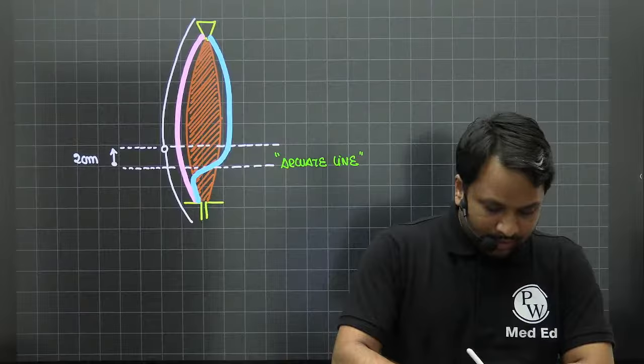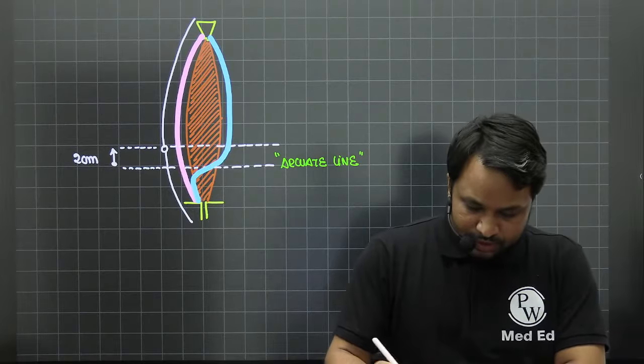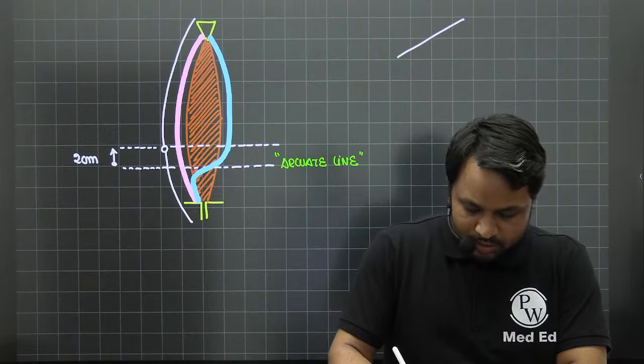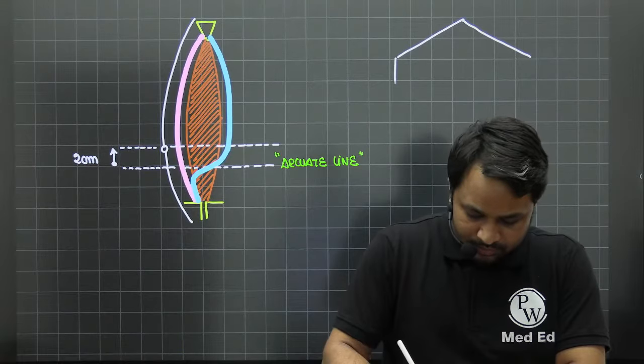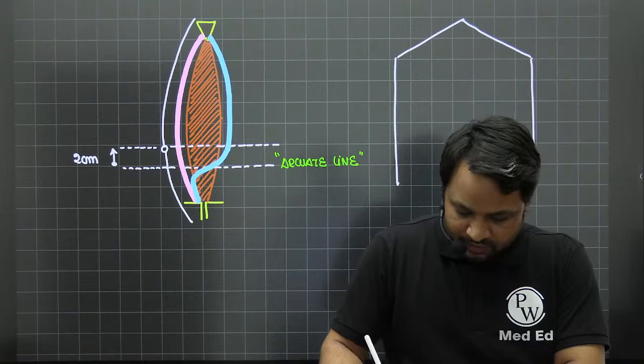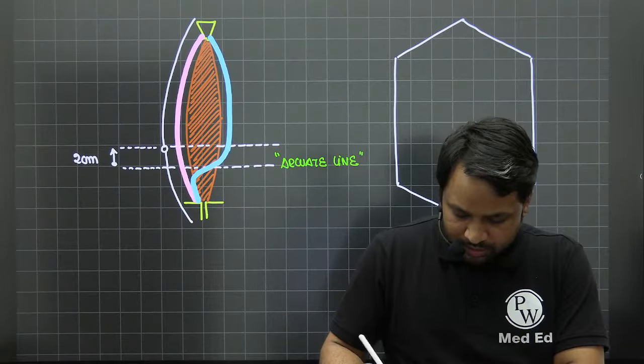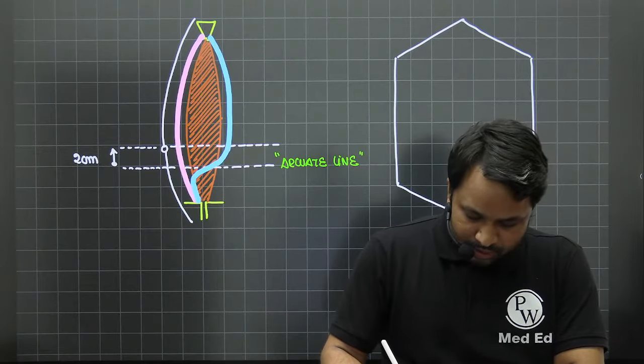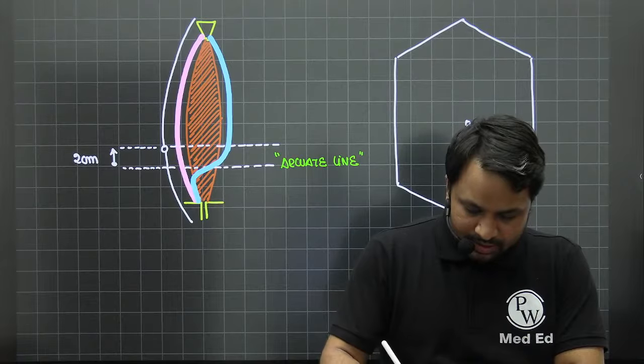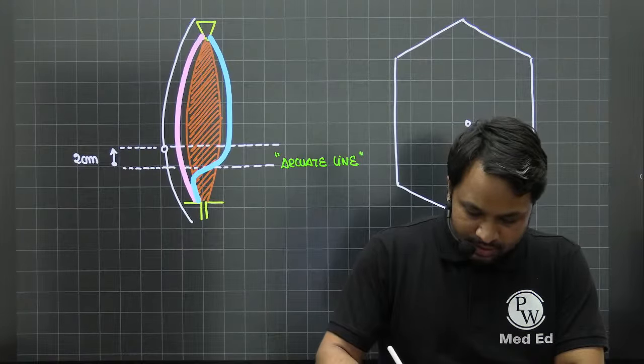Now, when you look at the representation, again, let's say this is the abdomen which we are going to represent. Every time we draw the abdomen, we'll draw it in this particular manner, right? Now, let's say this is the umbilicus, dead in the center, and this is the rectus abdominis muscle.